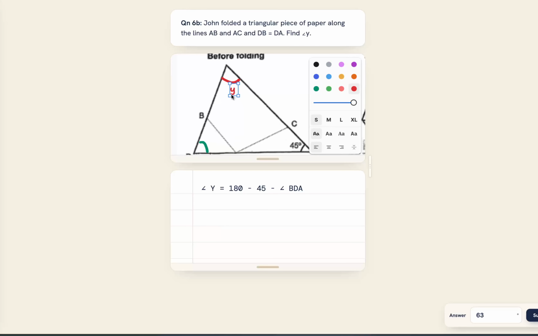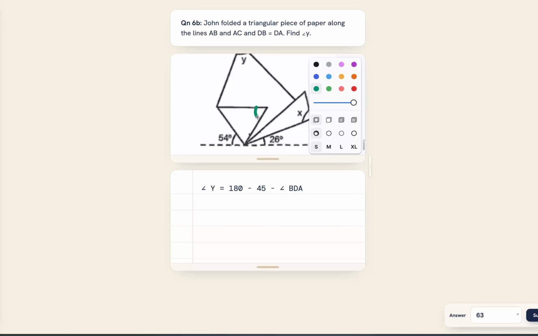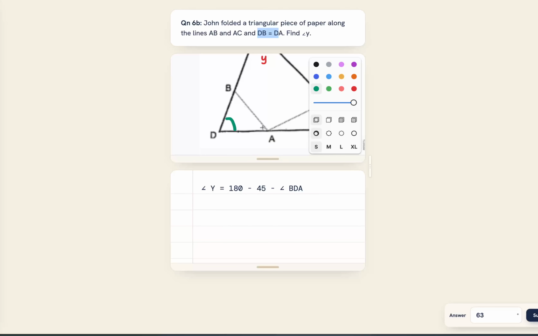So how do we get angle BDA? If we look back over here, angle BDA is over here. From the question, it says DB, which is this part, is also the same as DA. Sorry, DB and DA looks like this. So this triangle over here is an isosceles triangle.